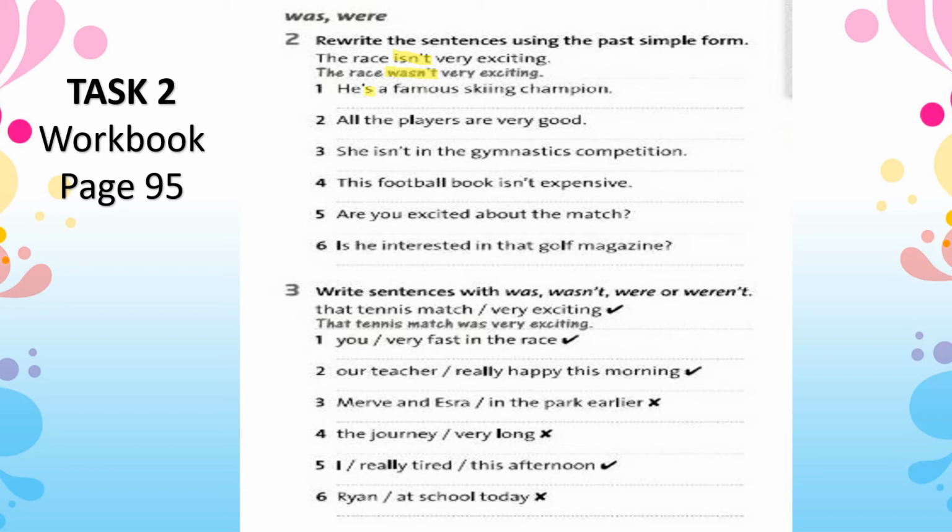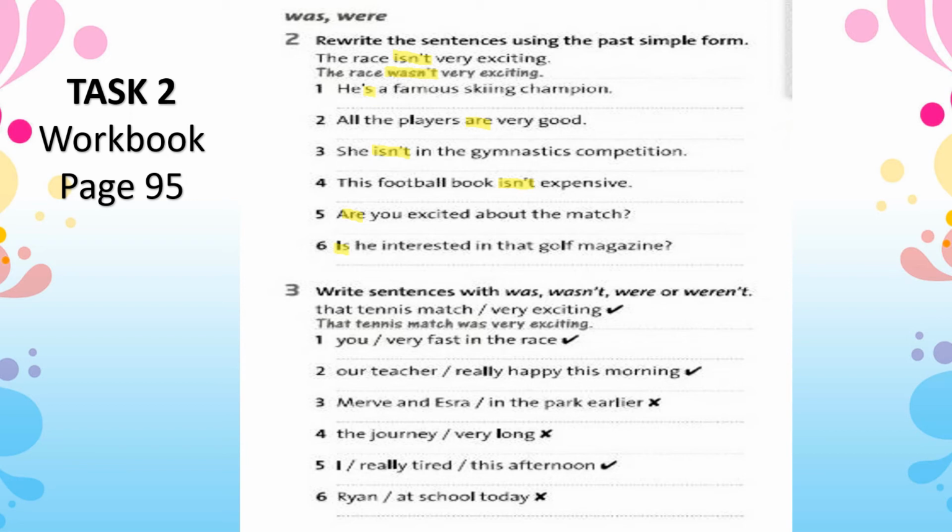Number 1, he is. Number 2, you have are. Number 3, isn't. Number 4, you have isn't. Number 5, you have are. Number 6, you have is. All these you have to change into past simple form, that is, was or wasn't, were or weren't.